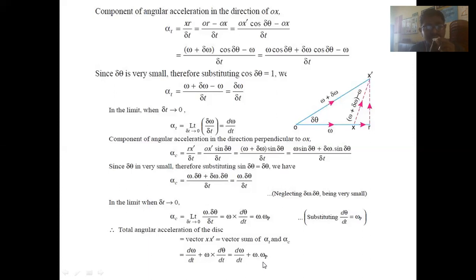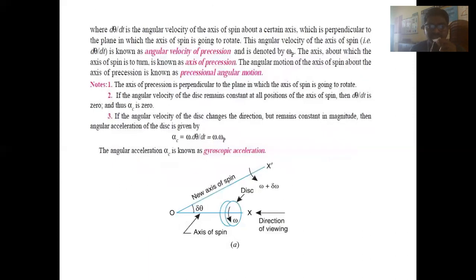That total angular acceleration we determined is equal to d omega by dt plus omega into omega p. This is the formula.